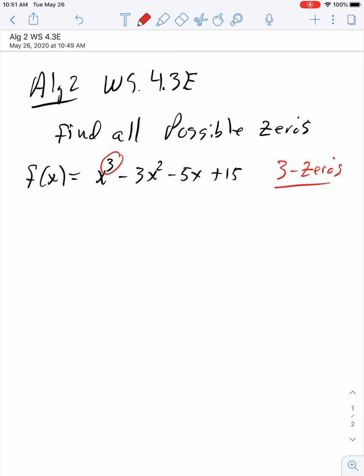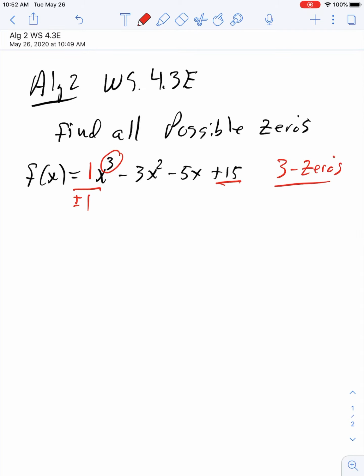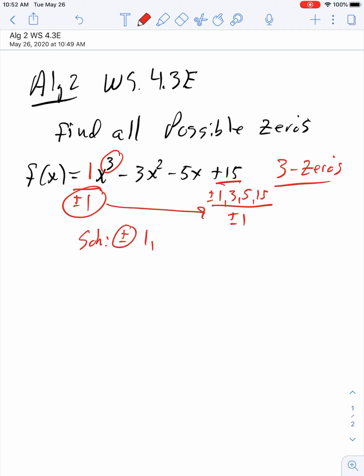Okay, so the possible rational solutions would be plus or minus 1, all numbers that go into 1, and then out of 15, plus or minus 1, 3, 5, and 15, and therefore you take this and divide it by 1.